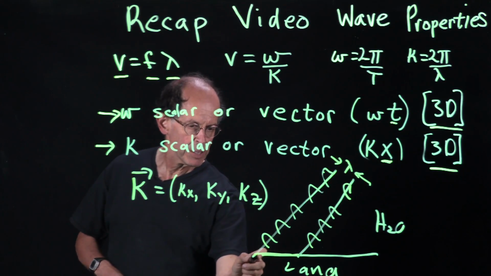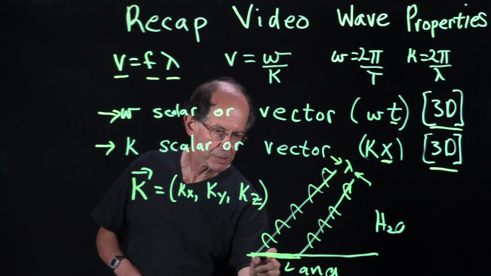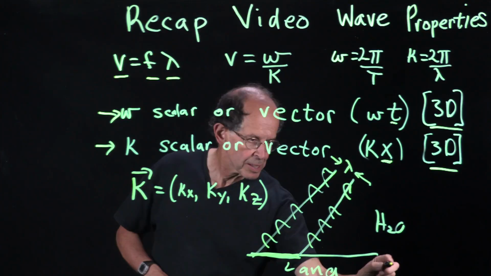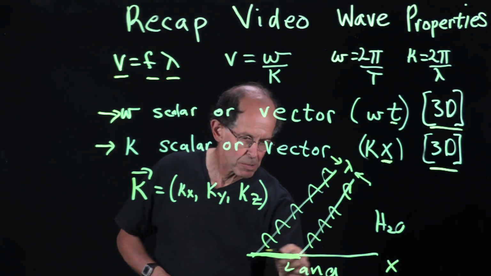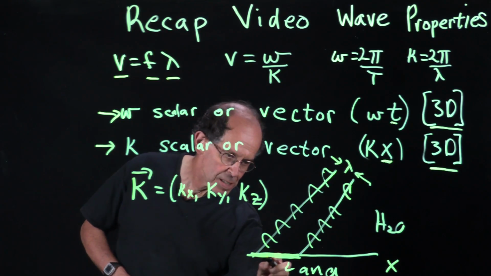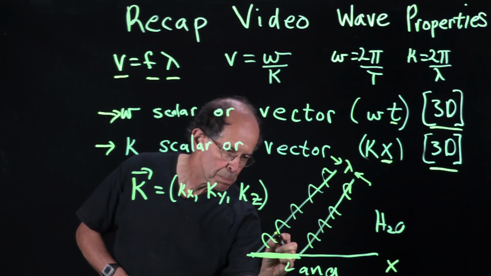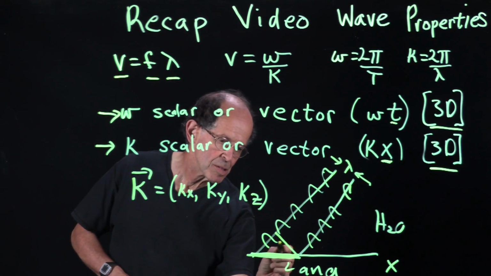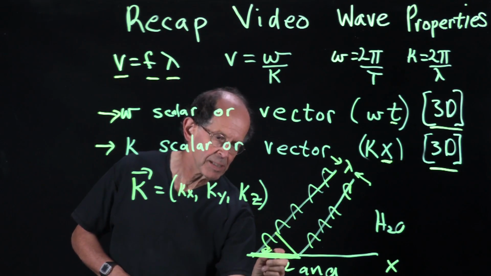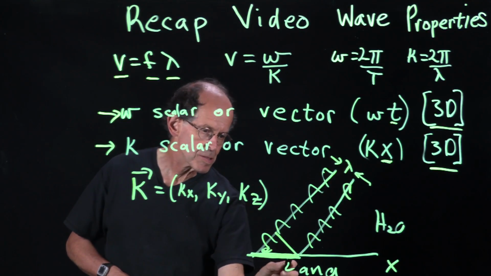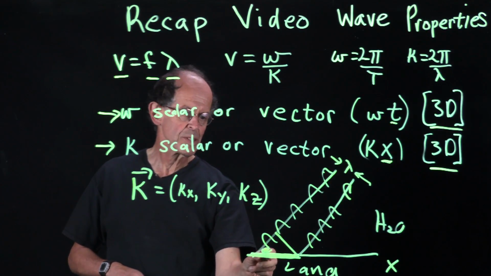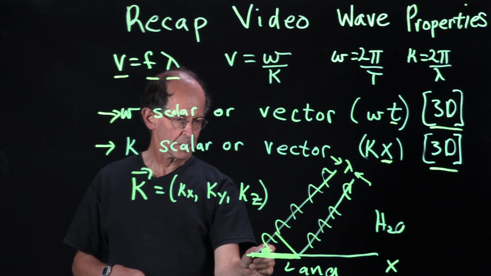However, if we look at the spacing of the wave crests here, and we consider this to be the x direction, we can see that this distance here is bigger than that distance by the cosine of some angle. So this distance is this times the cosine of this interior angle, which I've scribbled as theta.